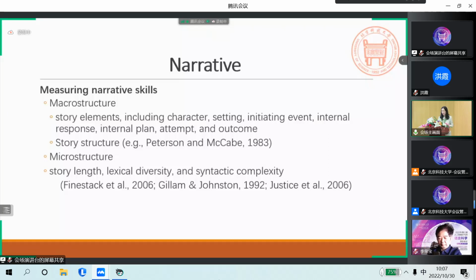One example by Patterson and McCabe analyzed the story structure into several developmental patterns, including, for instance, from one event to two events, then to the miscellaneous pattern, and then finally to the classic pattern. So this is about macro structure, tapping into the overall story structure.